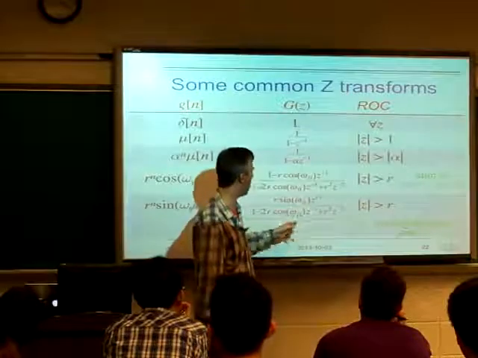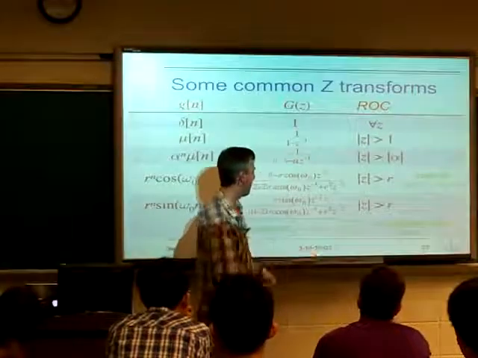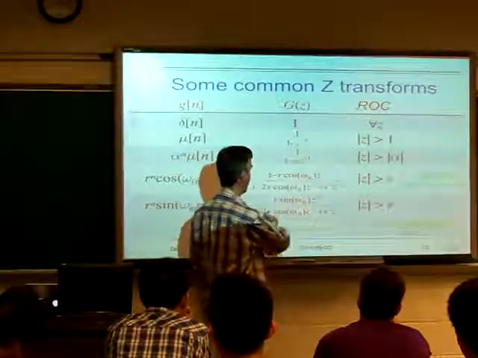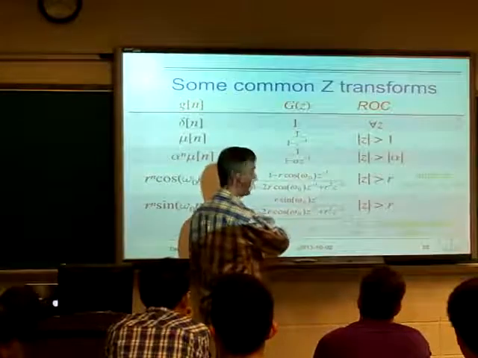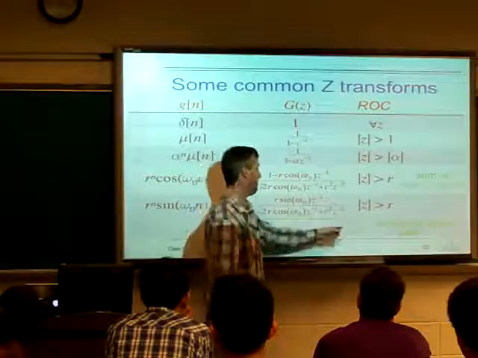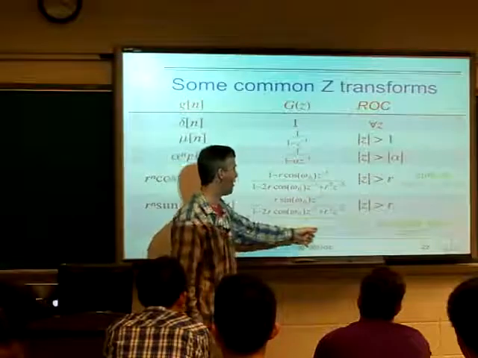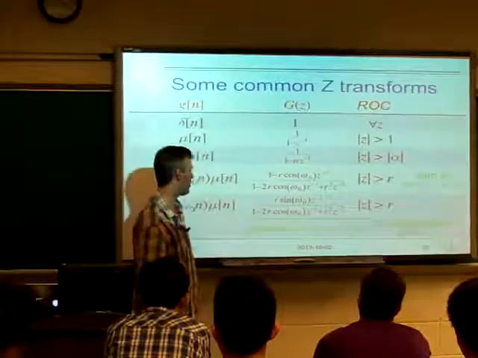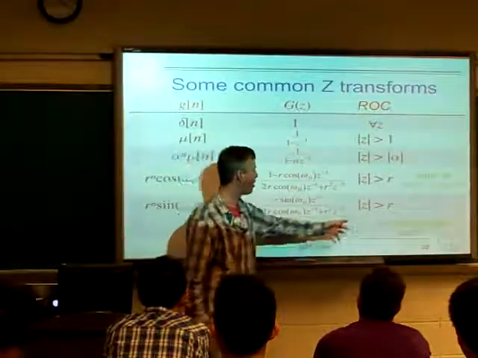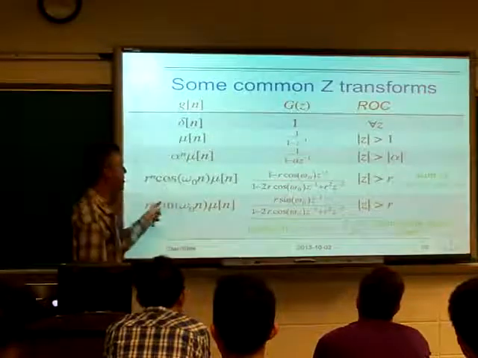If you actually work that through, if you try to find the values of z for which this expression is 0, they're these values here, z equal r e to the plus or minus j omega 0. So you have this conjugate pole pair corresponding to these sinusoidal components.